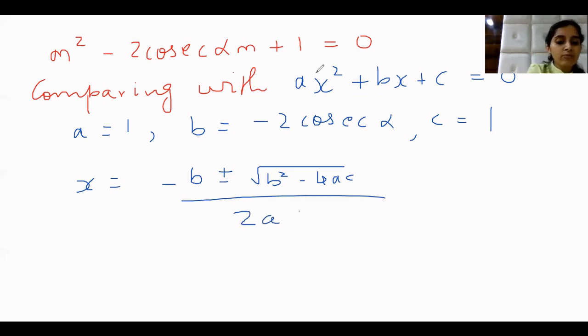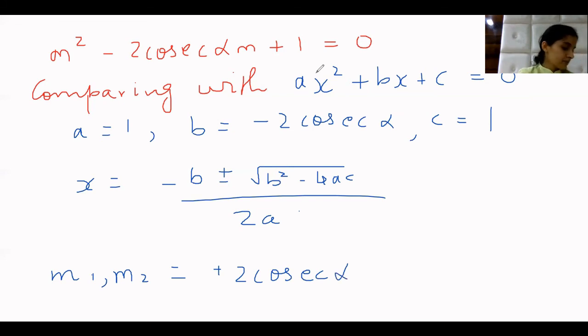So m1, m2 is equal to minus b. What is minus b? Minus 2 cosec alpha, so plus 2 cosec alpha. One second, let me check the sign.